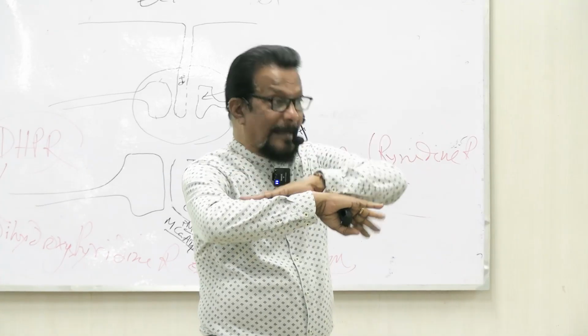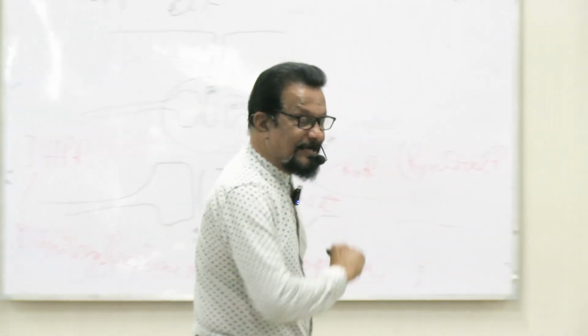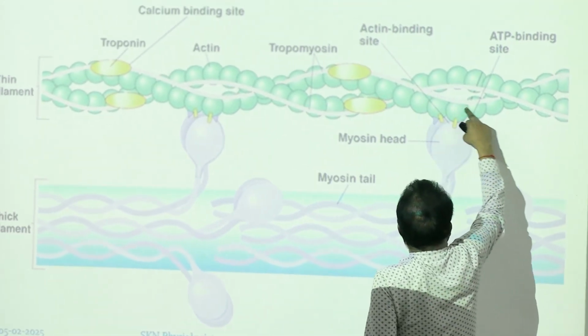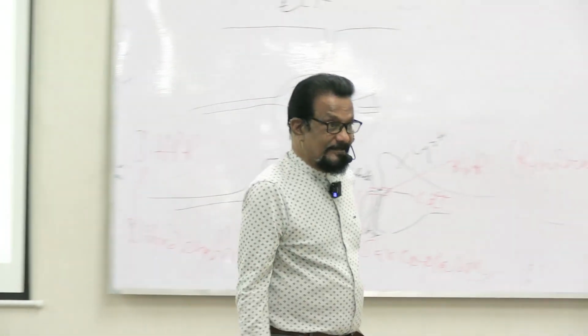They are occupied by a thread. What is this thread? Tropomyosin. So these active sites are covered by tropomyosin. And who helps in this process, the binding of tropomyosin over the active site of the actin globules?